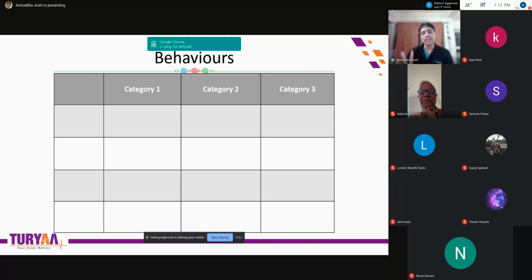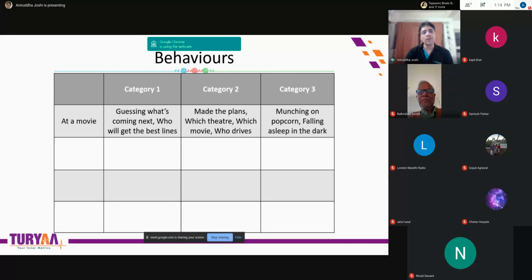So broadly, Ayurveda has categorized people into three categories. Yesterday, Tejaswini ma'am covered it: Vata, Pitta, and Kapha. Suppose you are going for a movie. The first category of people are usually good at guessing games. Who will come next? Who will get the best lines? They are talking about the movie already. The second category of people are making the plans. In this case, Kapil made the plan. He chose the dates, he chose the medium, he approached so many people, and so on.